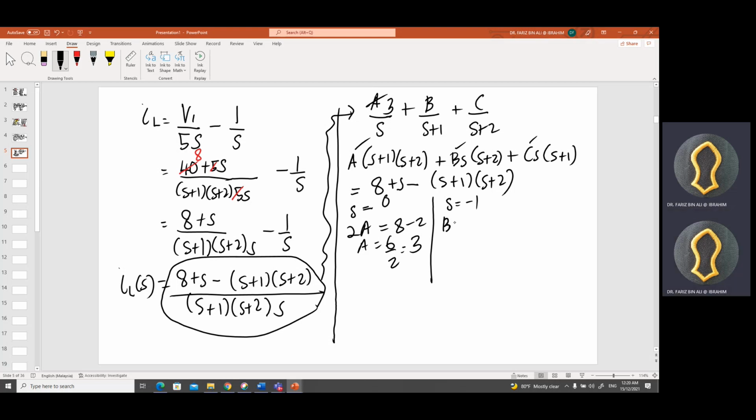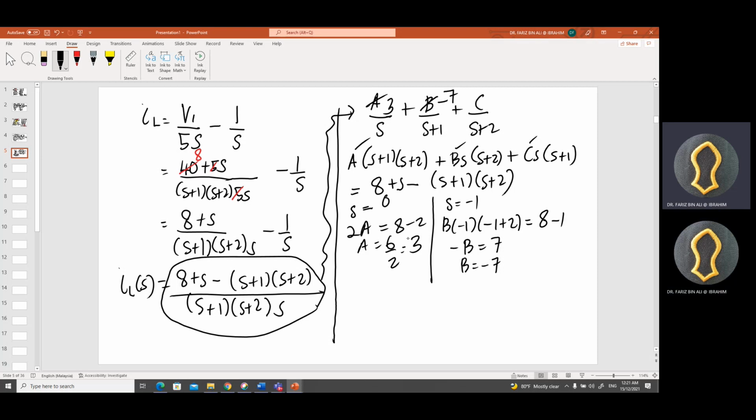What is left is B times minus 1 plus 2, which is 1. On the other side, 8 minus 1, because this minus 1 here will be 0, and 0 times S plus 2 will be 0. So minus B equal to 7. So your B is minus 7.